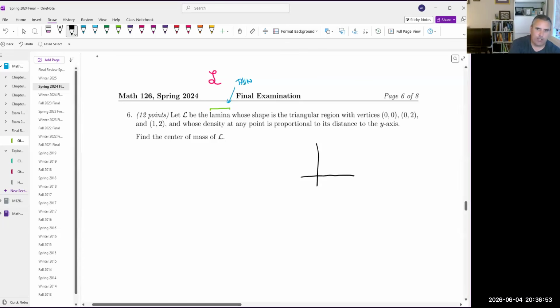The reason they're worried about that is, if you had a thick layer and you're trying to balance it on your finger, the thickness might affect how you balance it. So the question is saying, ignore all thickness. We have an extremely thin thing, and that's a lamina. Thin plate.